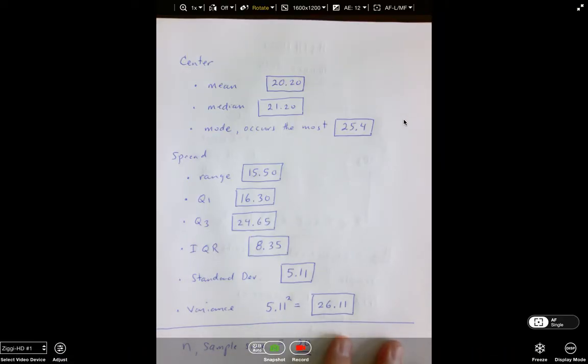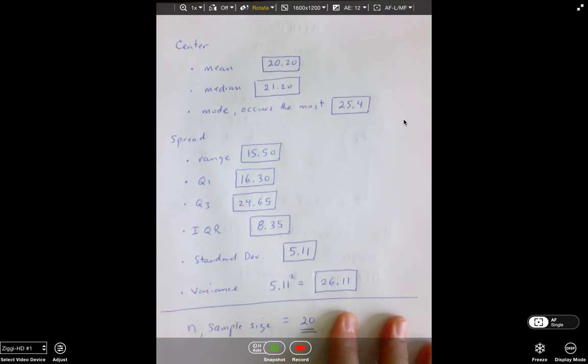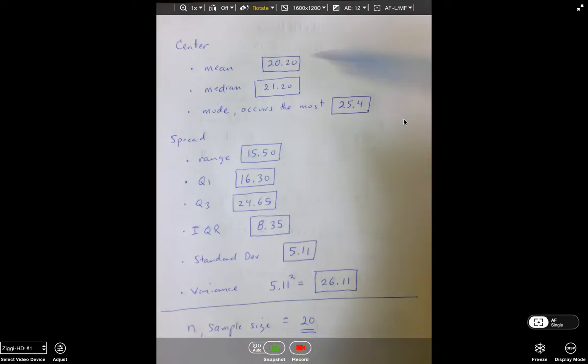Okay, all right, gang. We found our information here, and as a review from what we talked about in the previous video, let's go through and talk about each one of these. What does this 20.20 tell us? Well, that's just the arithmetic average. The median, 21.20.